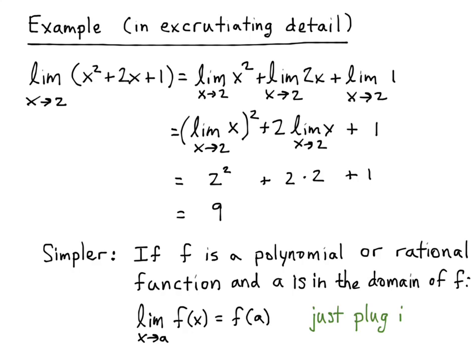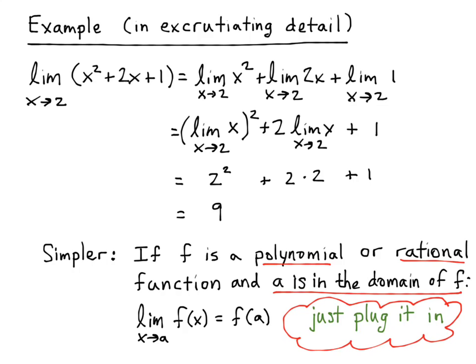There's one caveat here: you have to pay attention to the conditions where this works. It works for rational and polynomial functions, and with rational functions, a has to be in the domain of f. So take the limit as x goes to 0 of 1 over x. 0 is not in the domain of 1 over x, so you can't calculate it by plugging it in.